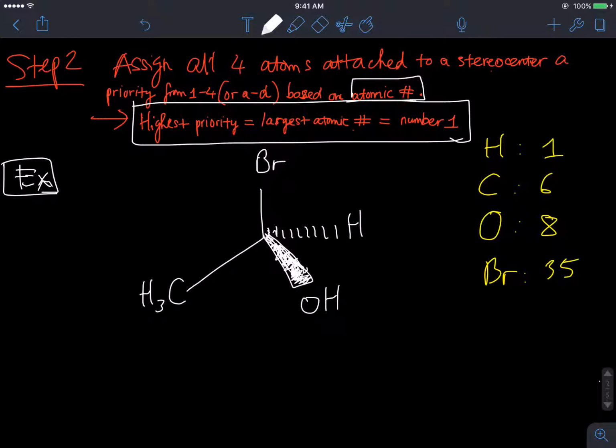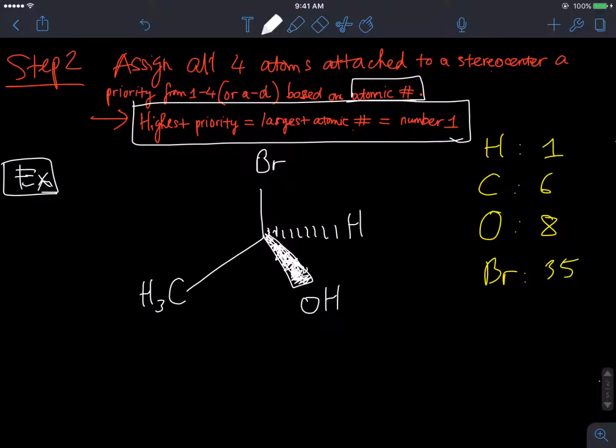So I give you an example, a molecule right here, and on the right side, the yellow writing gives you the atomic number of each element. Hydrogen is 1, carbon is 6, oxygen is 8, and bromine is 35. It's not the molecular weight, it's the atomic number. So look at this molecule.